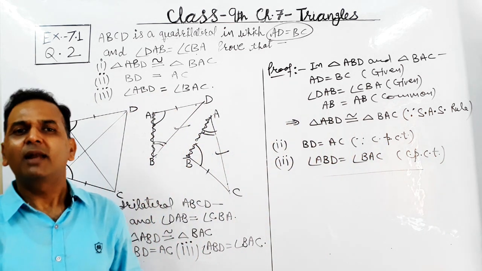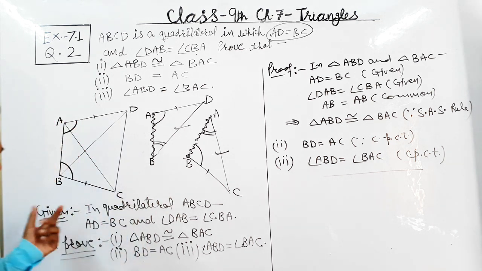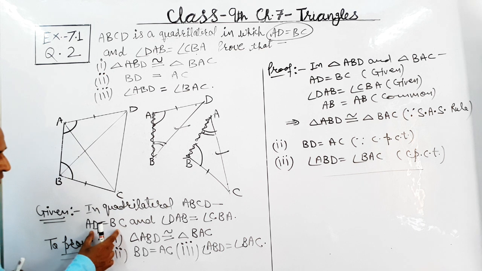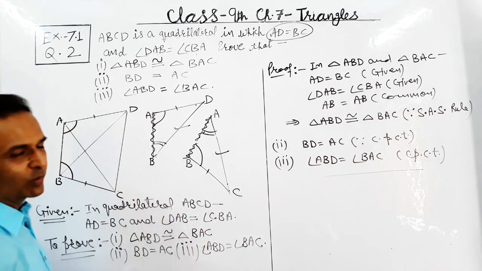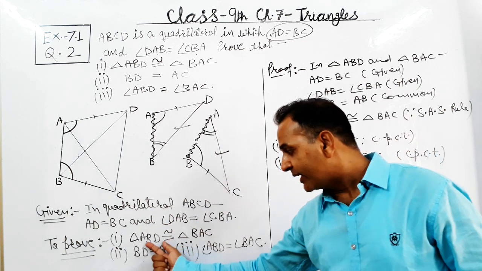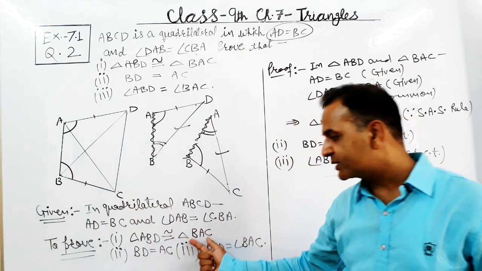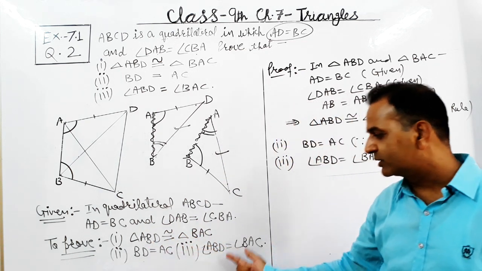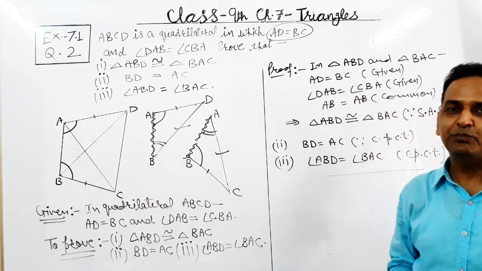So let us repeat one more time. Given in quadrilateral ABCD, AD equals BC, angle DAB equals angle CBA, already given. And to prove: triangle ABD is congruent to triangle BAC, second, BD equals AC, third, angle ABD equals angle BAC.